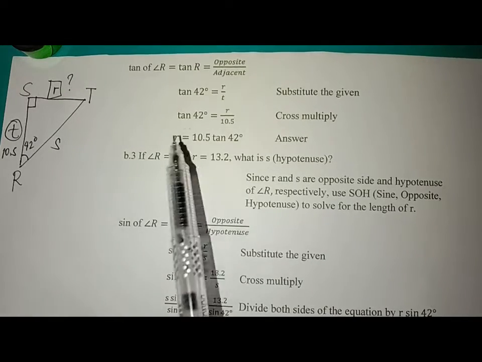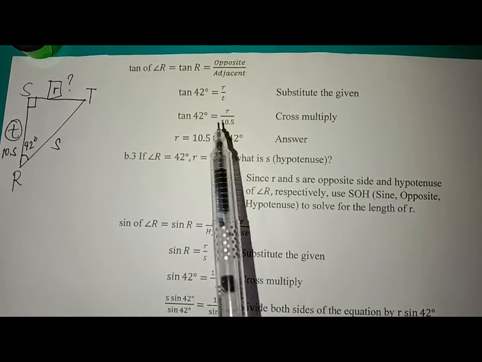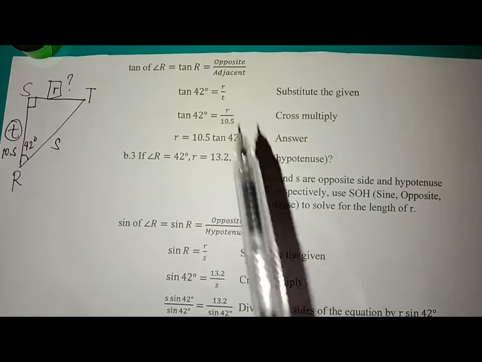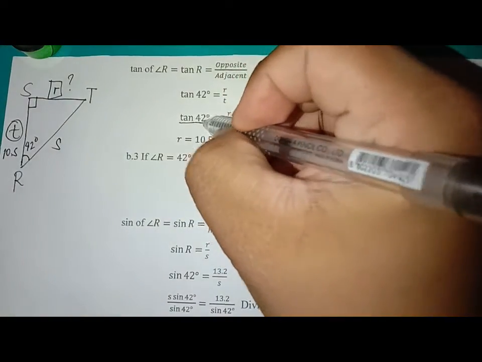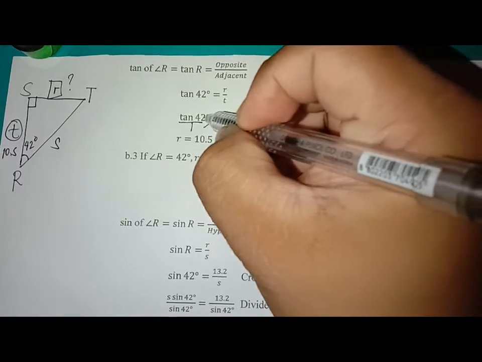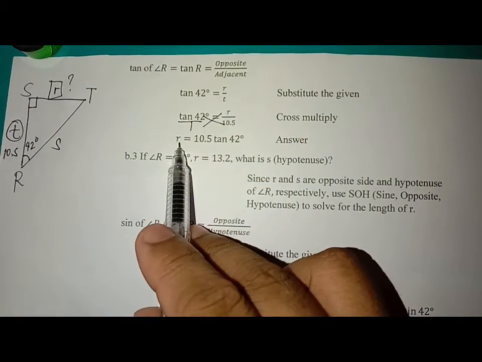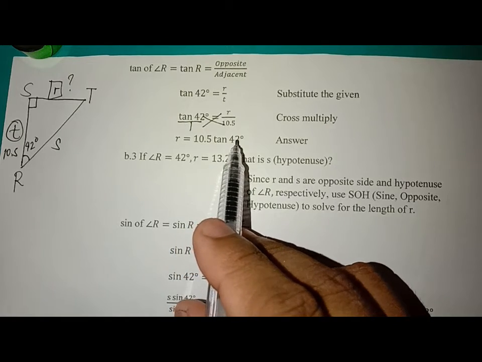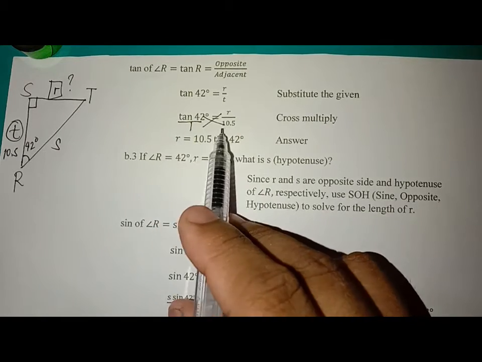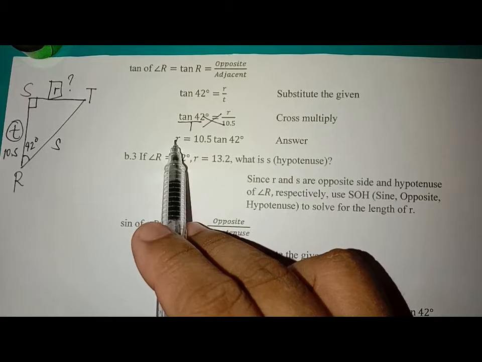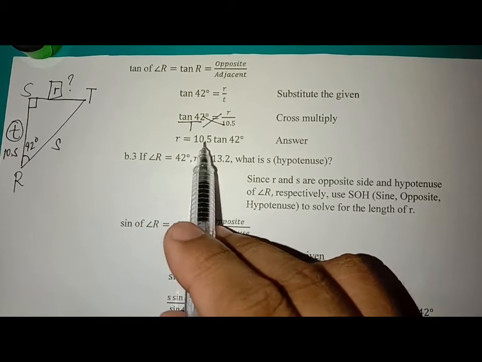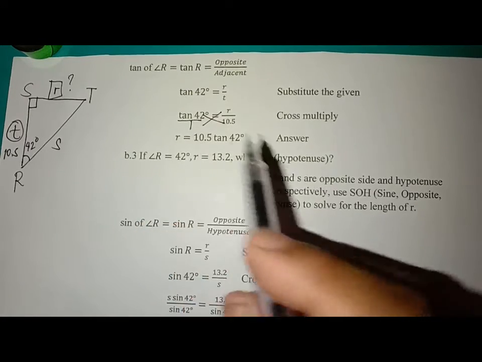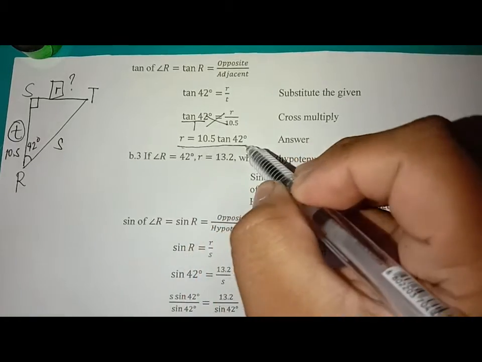Tangent 42 degrees equals R over 10.5. Actually this is over 1, then cross multiply. So you have R equals 10.5 tan 42 degrees. So this is the answer.